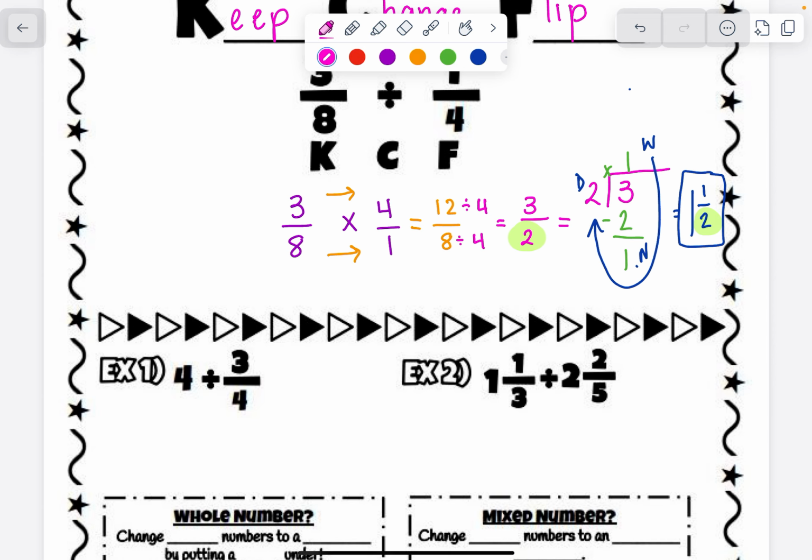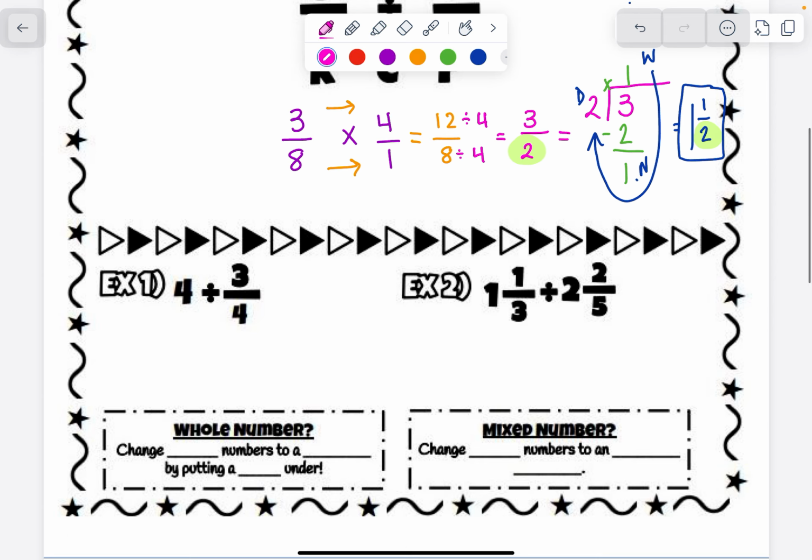Now let's see what they're going to look like. So just like yesterday, what if they're just giving you a whole number? We're going to change whole numbers to a fraction by putting a 1 under. And again, that's something you guys already know to do.